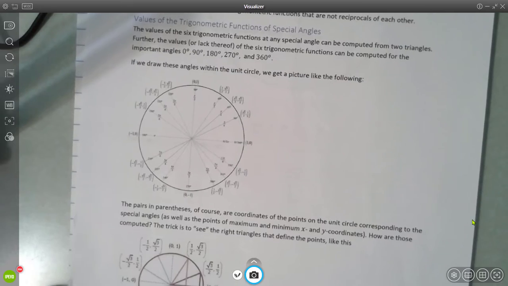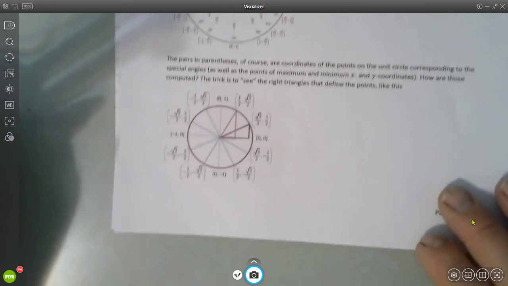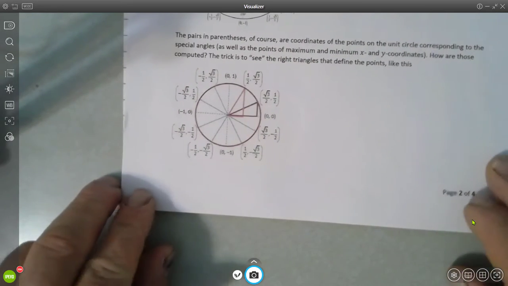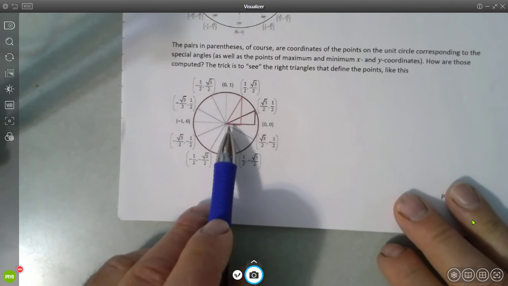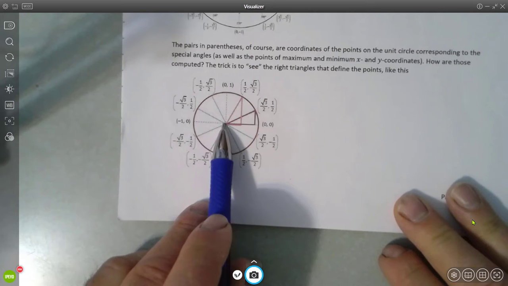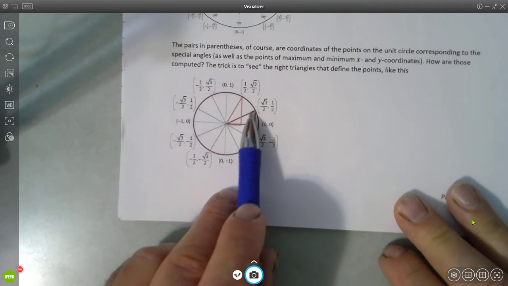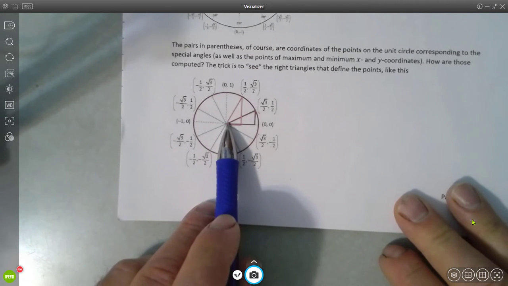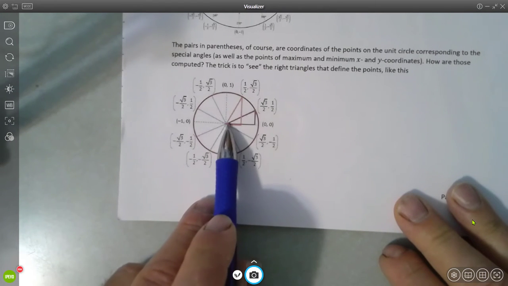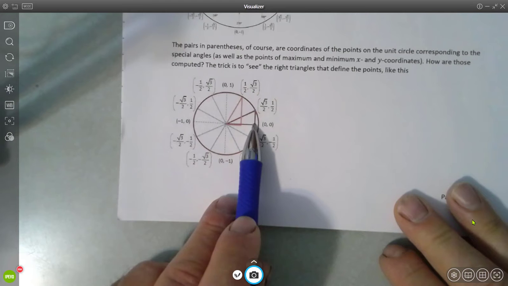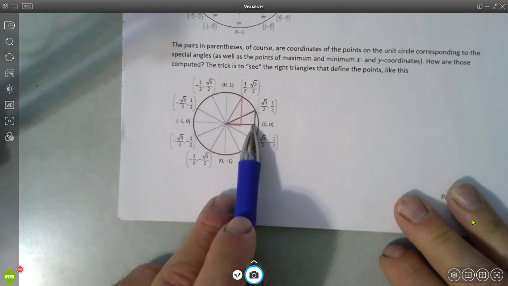Now, the other thing I want to mention that's on this page is the strategy we're going to use to do that. Let's suppose we took, say, this 30-degree angle here. If you look at it in just the right way, you can see that there's a right triangle hidden in here. We follow the x-axis until we get just right under this point of intersection.